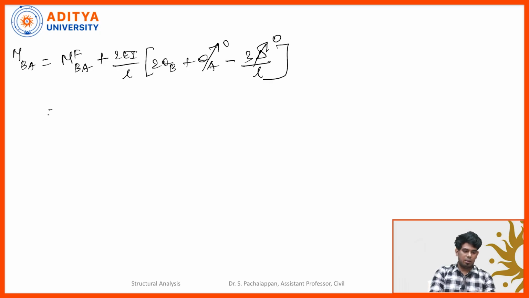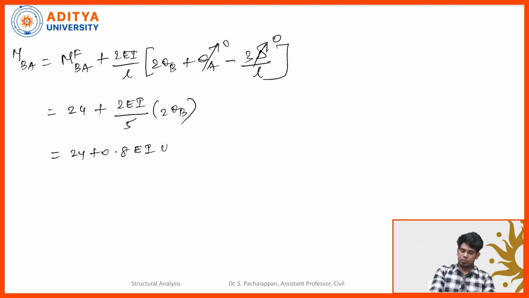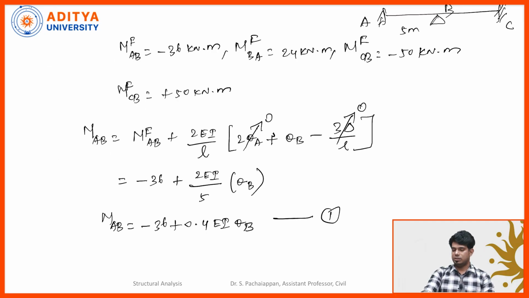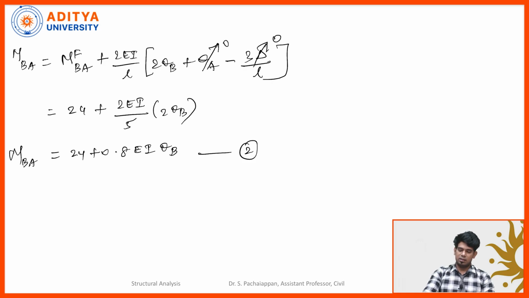So we will have the MFBA value of plus 24 kilonewton meter plus 2 times EI by the span of 5 meters, so we will have here 2 times theta B. By simplifying this equation, I will get 24 plus 0.8 times EI into theta B. Okay, so this is MBA. Let's say this is the second equation, and we already have the first equation. So two equations, this is the second equation.